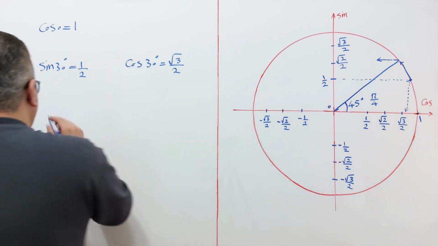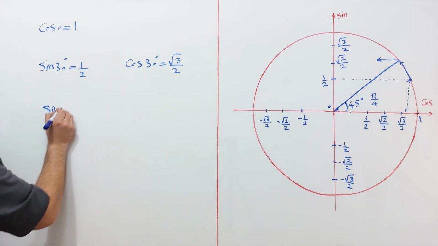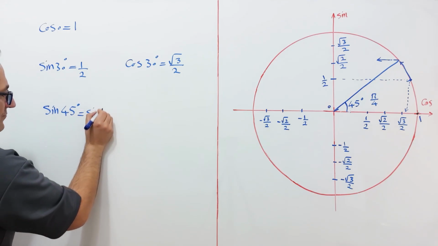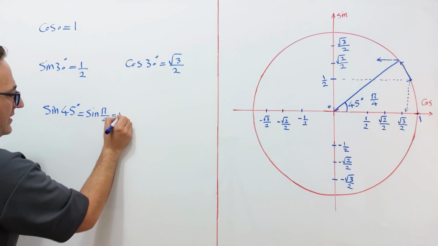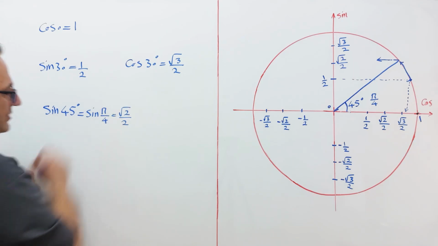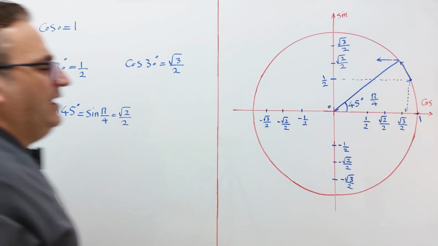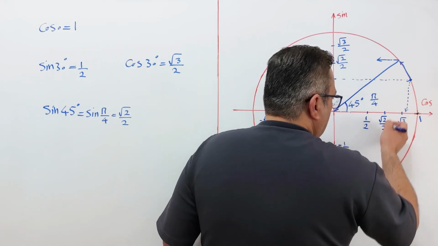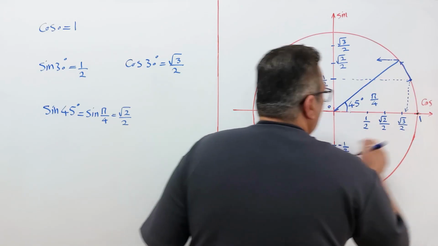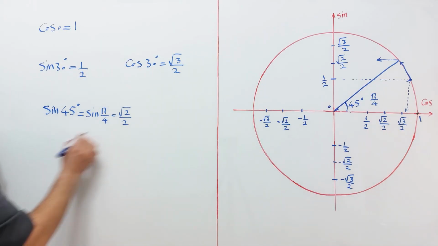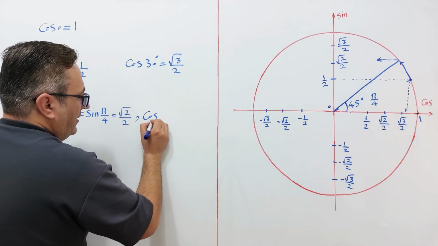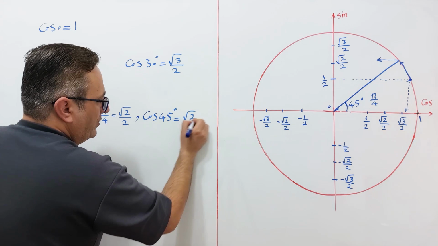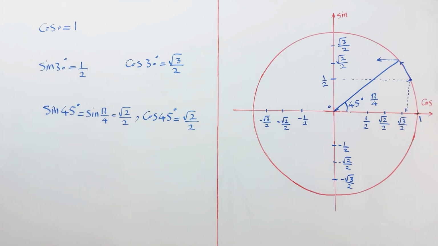So sine of 45 degrees, or sine of pi over 4, is equal to the square root of 2 over 2. And if you look at the cosine axis, you see the square root of 2 over 2. So cosine of 45 degrees is equal to the square root of 2 over 2.